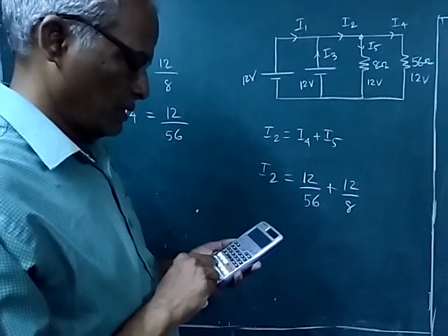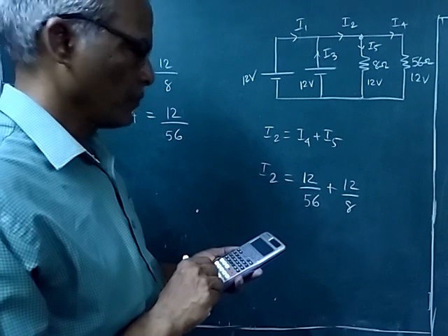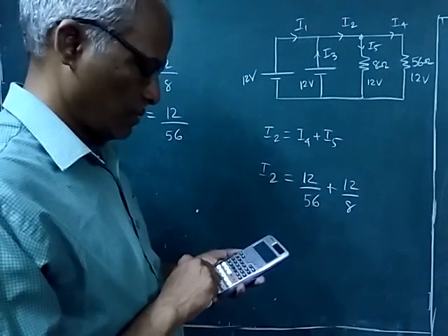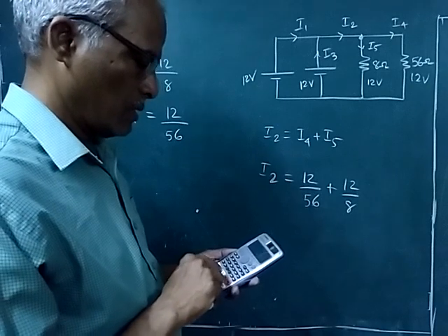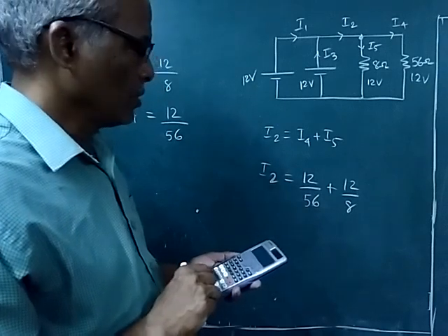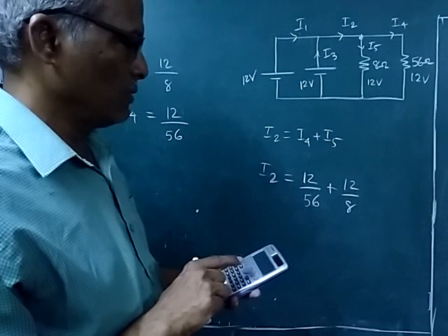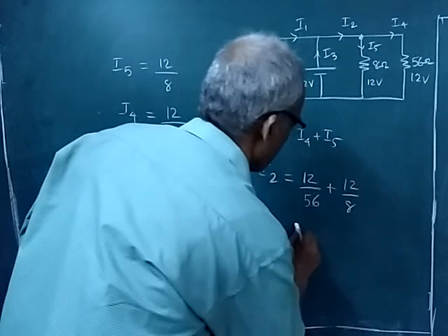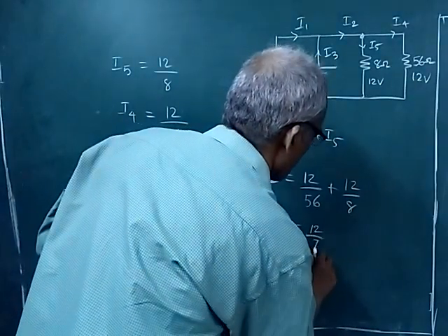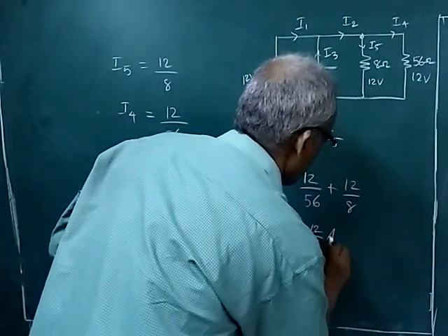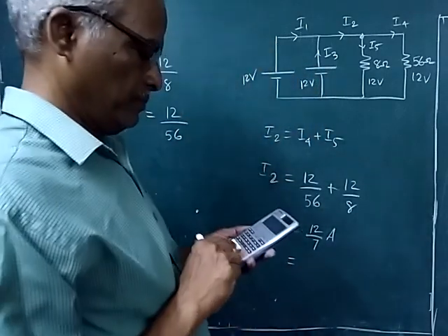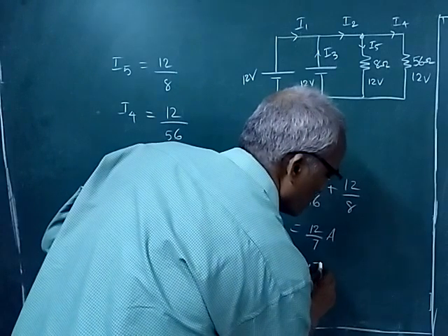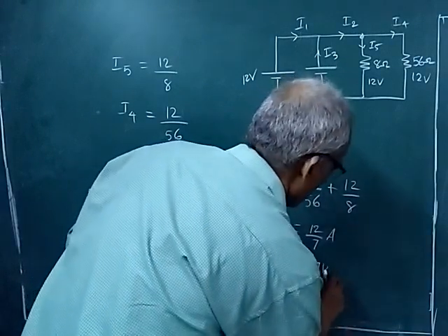12 divided by 56 plus 12 divided by 8. So that gives you 12 by 7 amps, which is equal to 1.714 ampere.